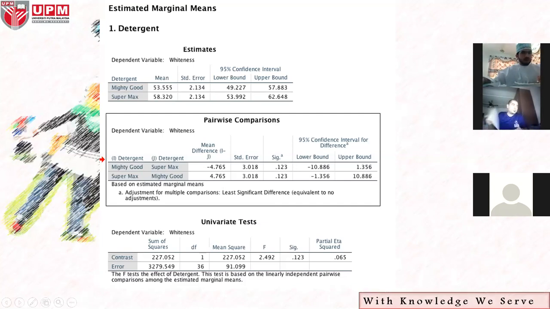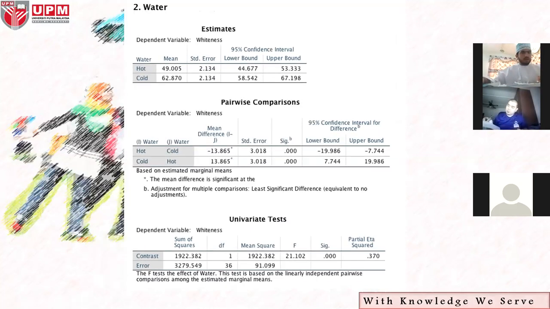For water, the earlier table indicated that there is a significant main effect. It is reconfirmed in this table, in which based on the pairwise comparison table, we can say that there is a significant difference between hot and cold water.